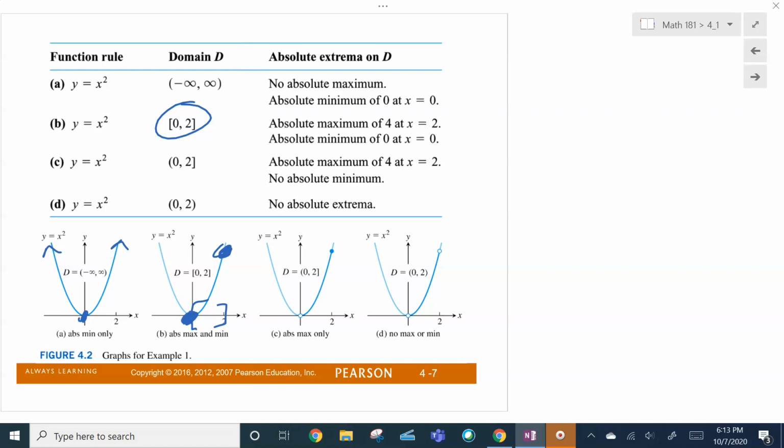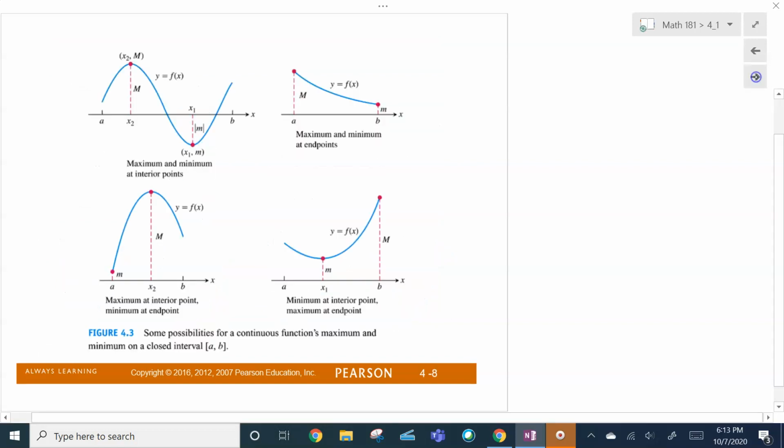If it's open at 0 but closed at 2, there's no minimum, but there is an absolute max on that interval. Now, if it's open and open, there are no absolute extrema here.